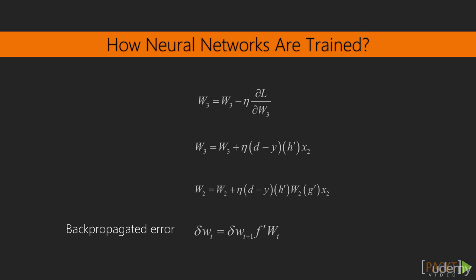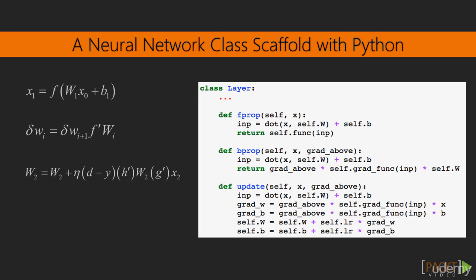The same thing will happen between W2 and W1. So here in the bottom, we have the general equation of the backpropagated error between two layers.